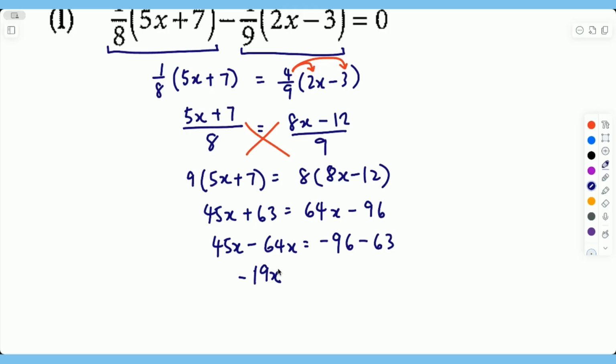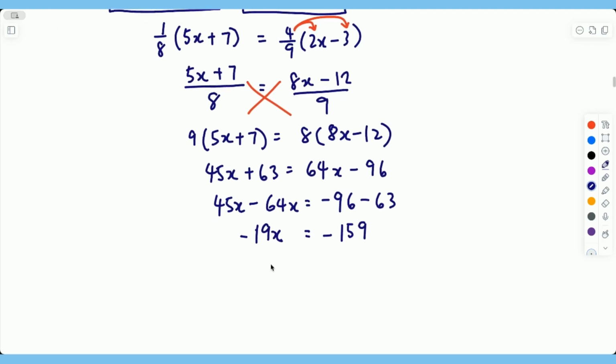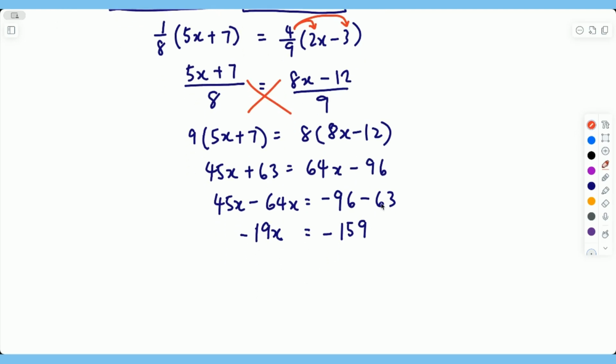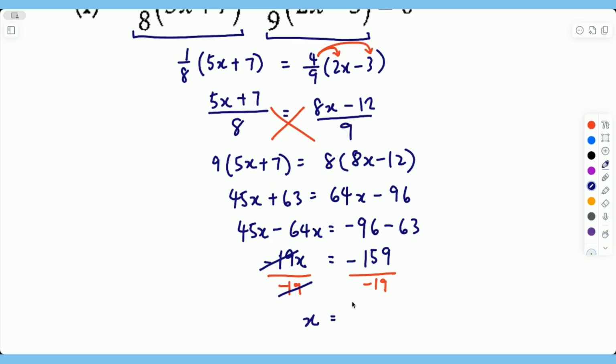We have negative 19x is equals to negative 159. Let's divide both sides by negative 19, so that we can cancel off negative 19 and make x alone. So x will be equals to 159 over 19.